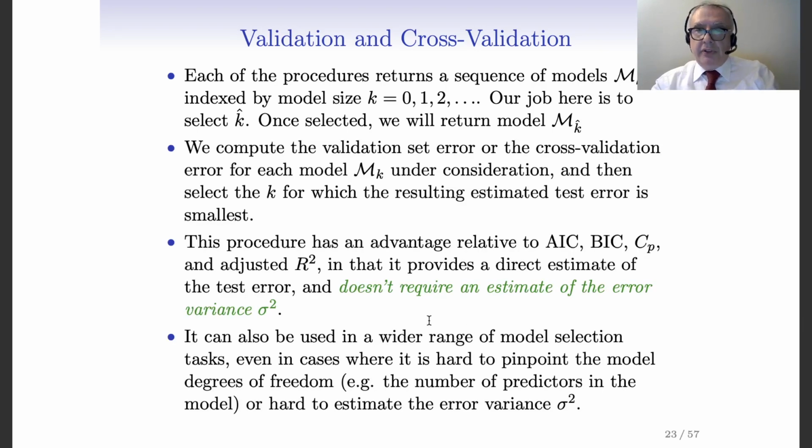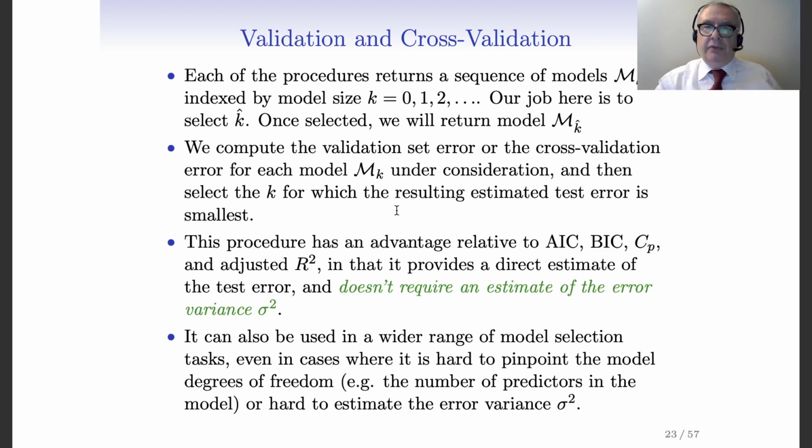We can do this using validation or cross-validation, and we compute the estimated test error by validation or cross-validation, and then we select amongst the models M_k with k from 0 to p, the one that has the smallest test error as estimated by validation or cross-validation.